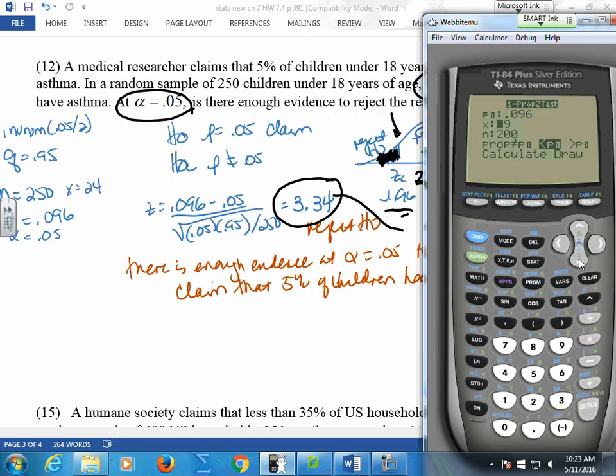Your x. We have to multiply that by 250, and we get 24. 250. 2 tail test. Here's your p-value. Here's your p-value over here. Why did it come out so high? What did I do wrong?